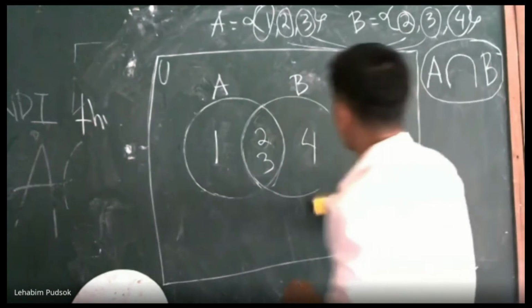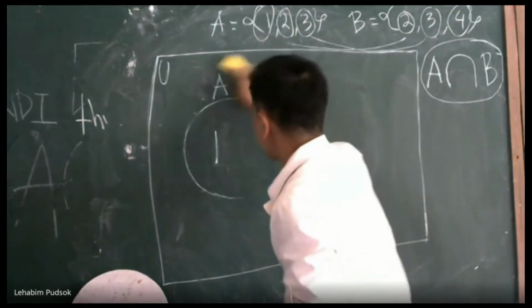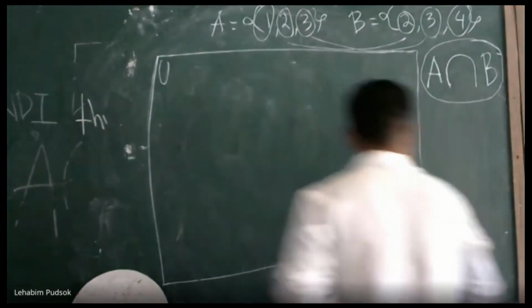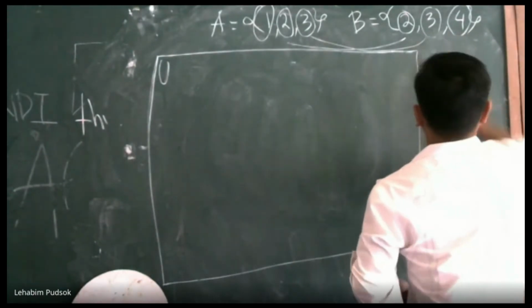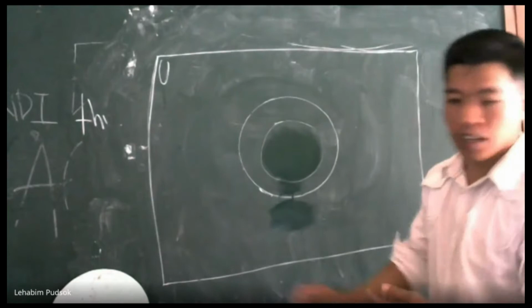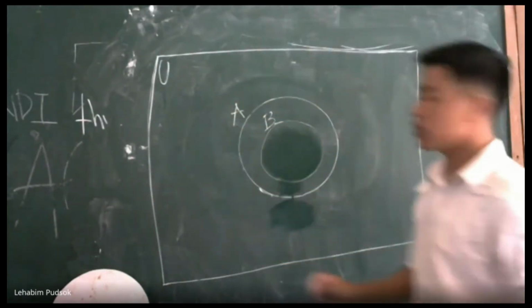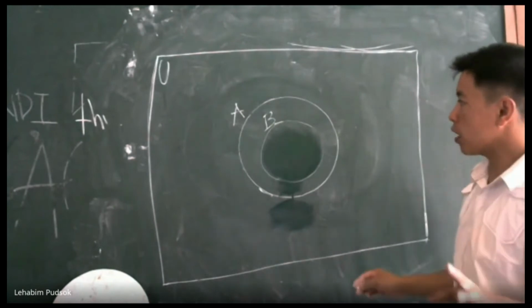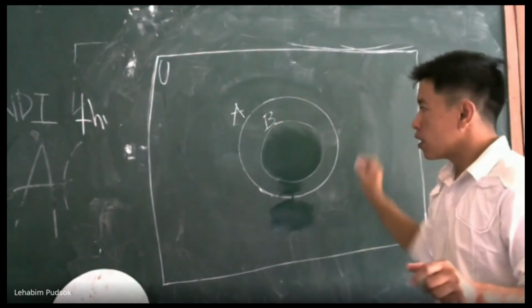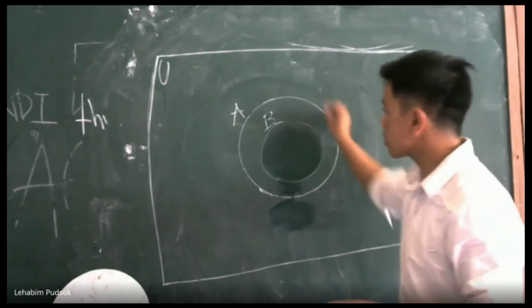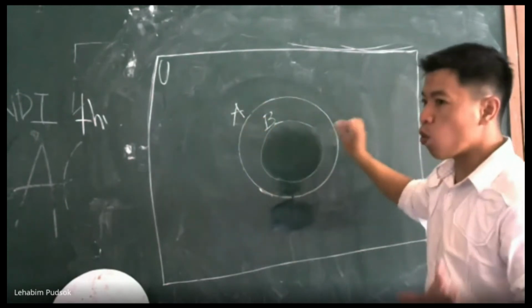Now let's go deeper. If this is set A, this is set B, what do you observe? Set B is a subset of set A. Why?